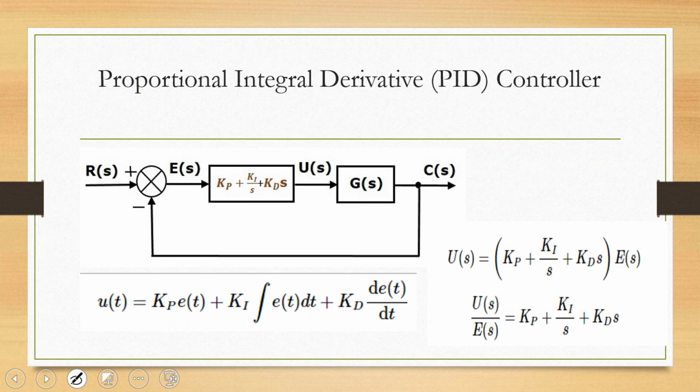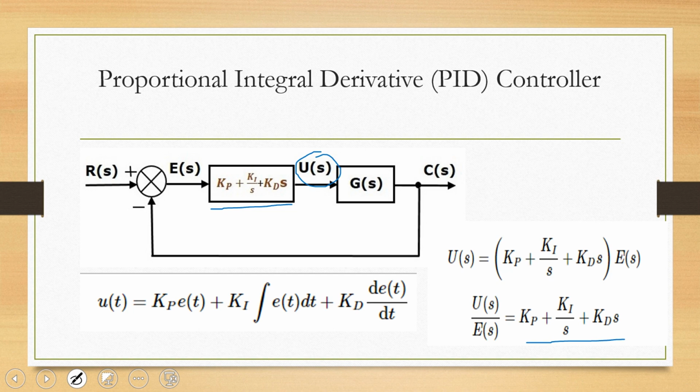So our last controller is proportional integral derivative control. So if we have the proportional, the integral, and the derivative controller clubbed together, it will give us a PID controller. So our control signal U of S is equal to Kp plus Ki by S plus Kd into S. The proportional controller stabilizes the gain, but it produces a steady state error.